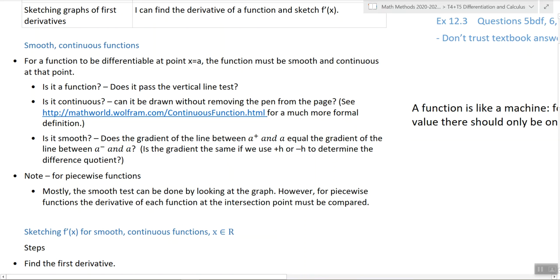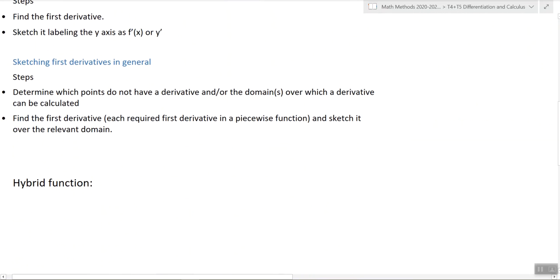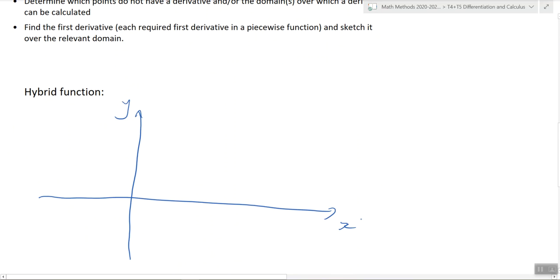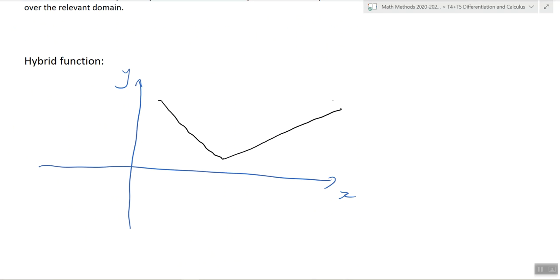So smooth. You guys are familiar with piecewise functions, hopefully. So if we draw a Cartesian plane, it's like a function that at a point changes. And this point is A for all intents and purposes for this.